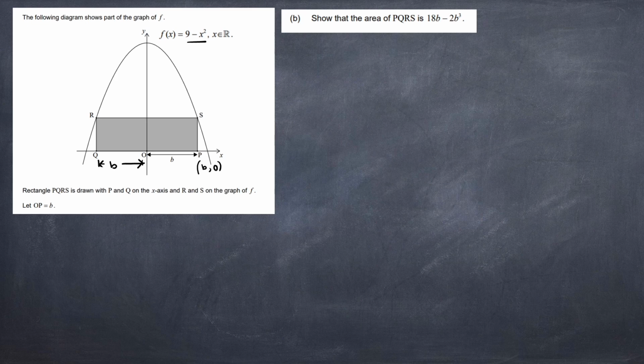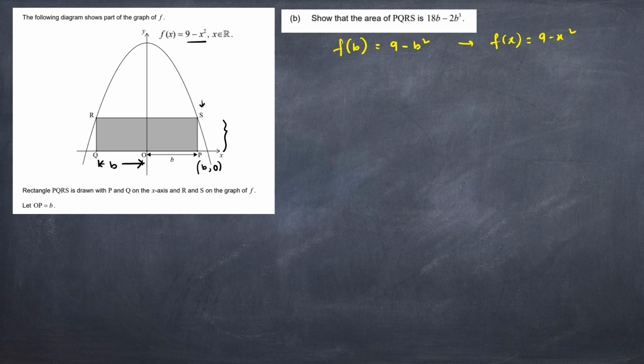Now just imagine the coordinate of P is (b, 0). If we try to find the coordinate of S, then we can find the value of this particular distance. To do that, we can calculate f of b. If we calculate f of b, we will get the coordinates of S. As the function was f(x) equals 9 minus x squared, f of b will be 9 minus b squared.